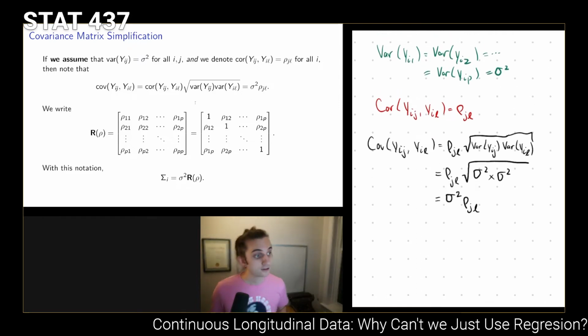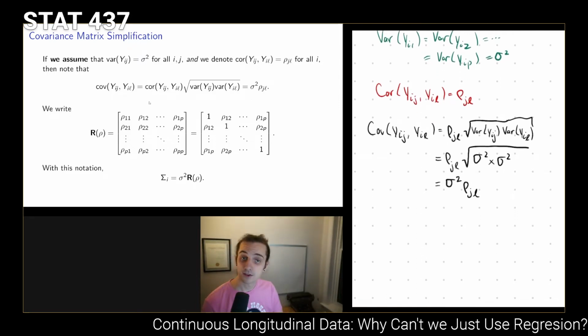Now, given this, if we write out this correlation matrix, if we call the correlation matrix R, so the correlation matrix is the matrix that has all of these rho terms for each of the corresponding entries, then if we take sigma squared and multiply it by that correlation matrix, we get our variance matrix.